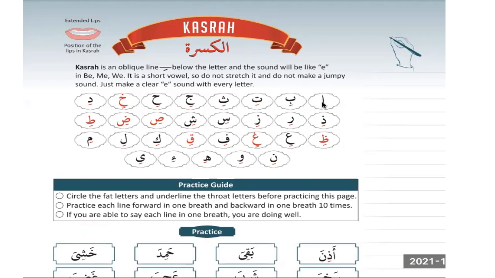So like this. Alif, Kasra, Hamza, Kasra, E. Ba, Kasra, B. Ta, Kasra, T. Tha, Kasra, C. Jim, Kasra, G. Ha, Kasra, Hi. Kha, Kasra, Khi. Dal kasra di, dal kasra the, ra kasra ri.